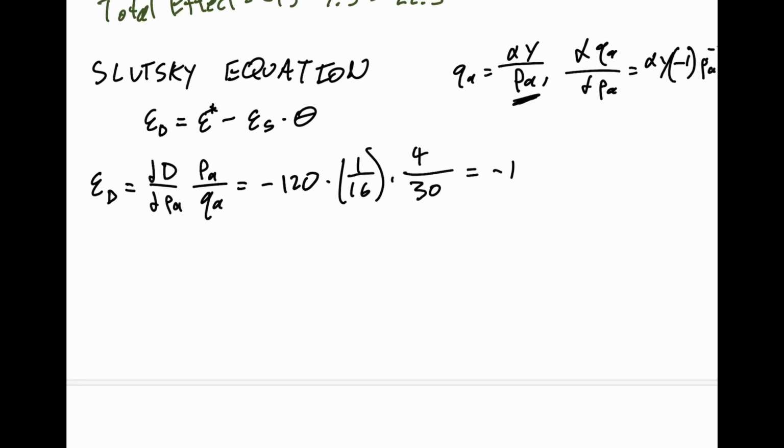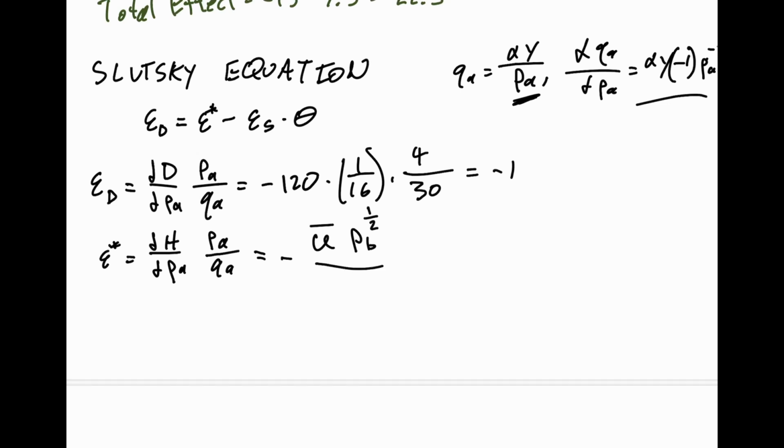Okay? So then this Hicksian elasticity is just the derivative of the Hicksian with respect to price of A times PA over QA. And just to write out this whole equation, since we got kind of stuck on this one, we have U bar times PB to the 1/2, which is alpha.